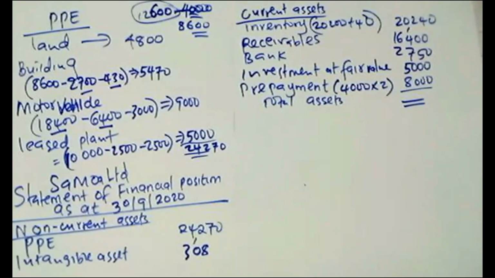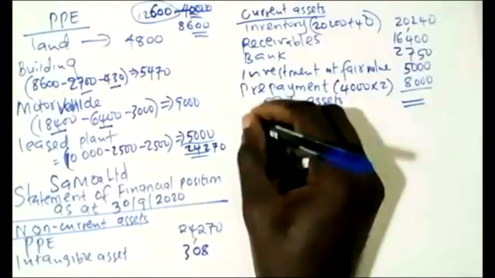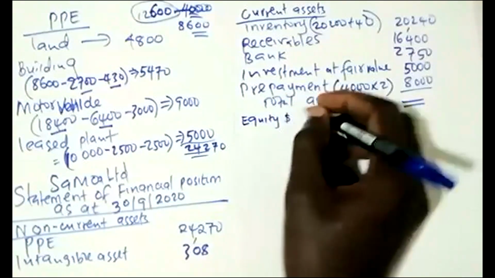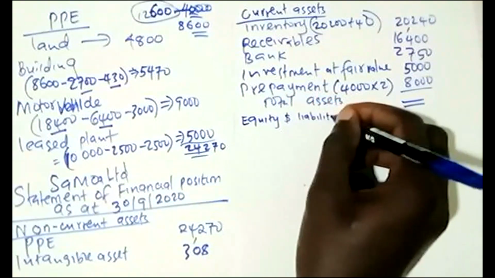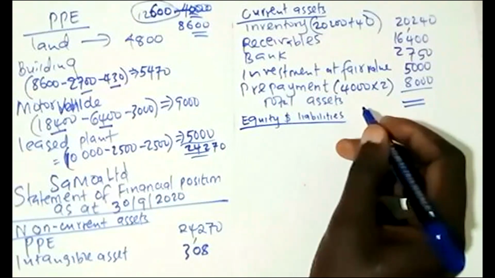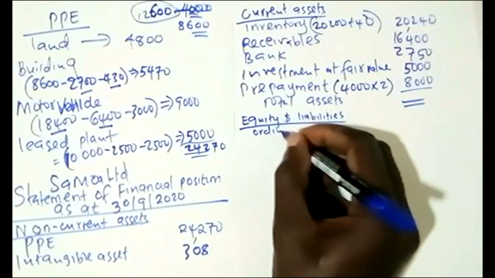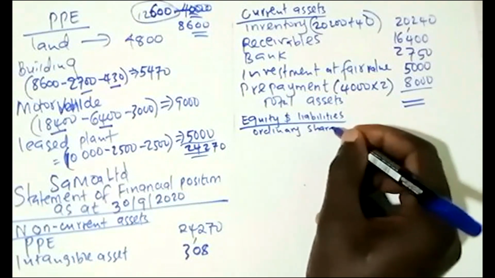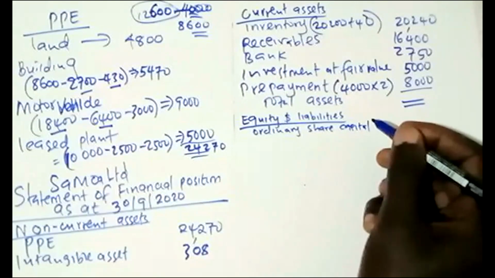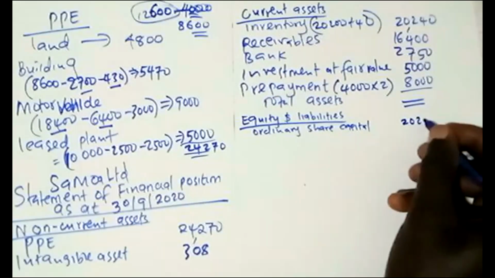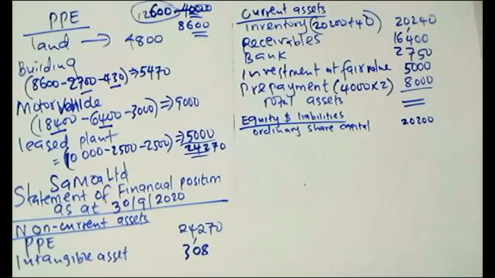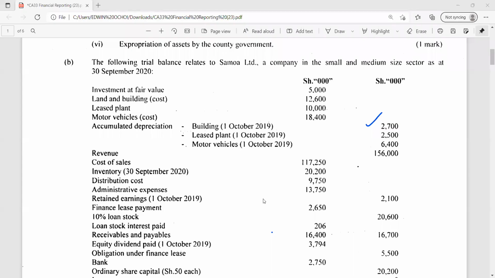So the next thing is concerning equity and liabilities. For the equity and liabilities, ordinary share capital. I can see the ordinary share capital of 2,200 from the trial balance. I think you can see that. This one here, ordinary share capital, shillings 50 each, 2,200.